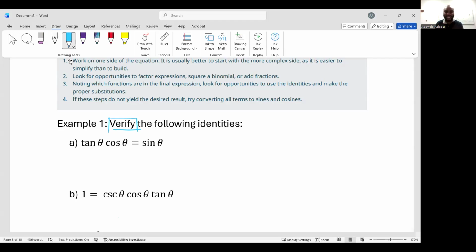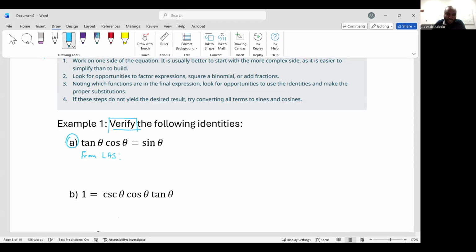Now, we always want to start with the complicated parts. The reason being that it is easier to simplify than to build up. So, let us look at this problem. In this case, I will start from the left-hand side.